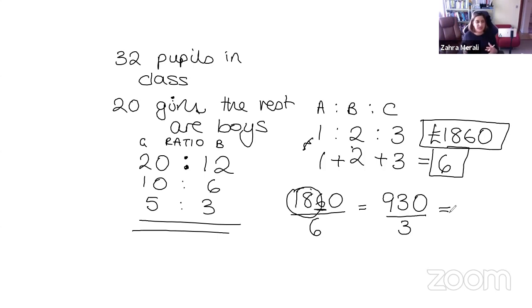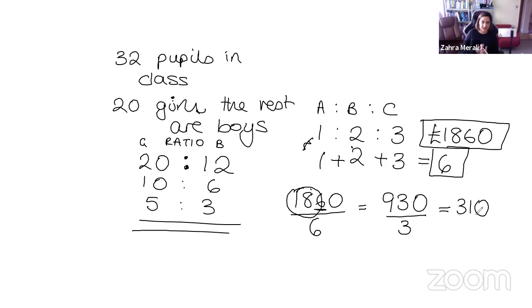And it will generally divide nicely in your foundation non-calculator papers. So the exam questions should divide out and make it quite nice. So 9 divided by 3 is 3. 3 and 3 is 1, so you get 310. So 1 bit of this 1,860 is 310. And if I said to you, how much did Carol pay?